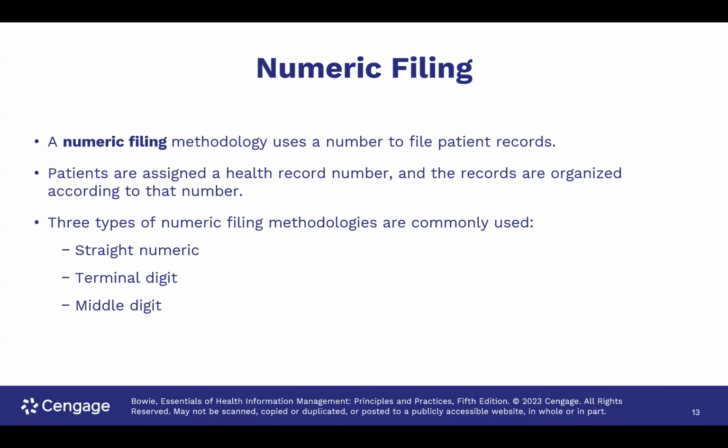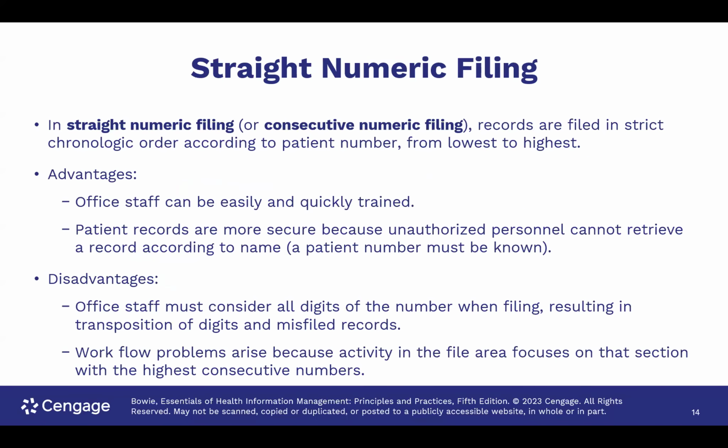We talked about numeric filing, which is very, very common. Patients get a health record number, and the records are assigned according to that number. There are 3 different types of numbers: straight numeric, terminal digit, and middle digit. Straight numeric filing is basically another way of saying consecutive numeric filing.